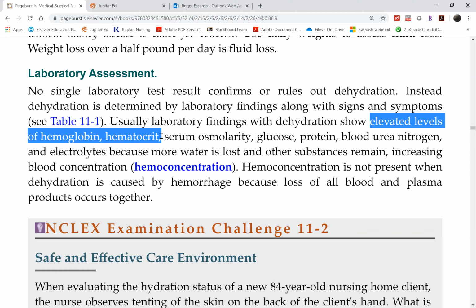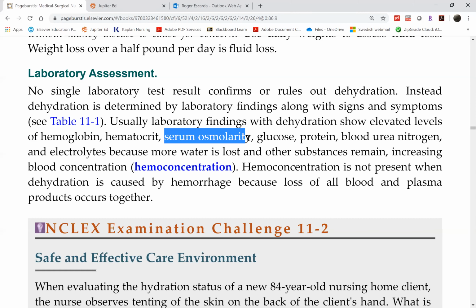By contrast, if this is hemodiluted, so if you're in fluid overload, what will happen to your hemoglobin and hematocrit? Low. It will be low in fluid overload. Okay, and serum osmolarity, as you already told me that it's elevated, it will be the opposite when we get to fluid overload. It'll be low.